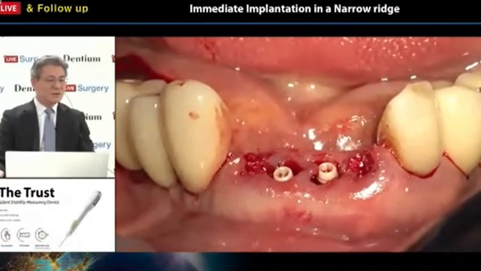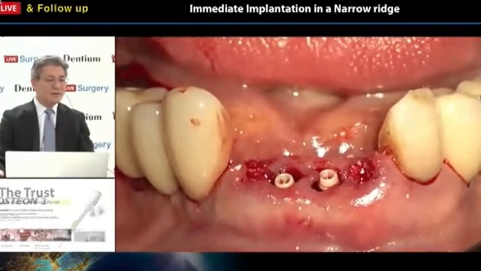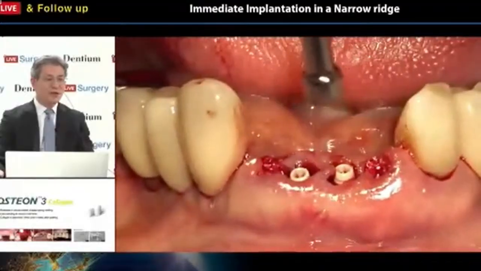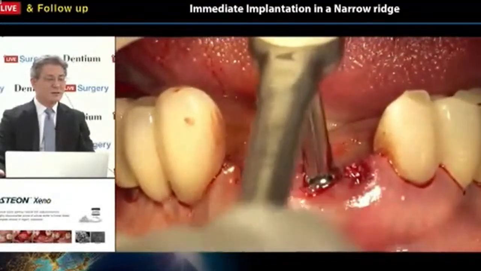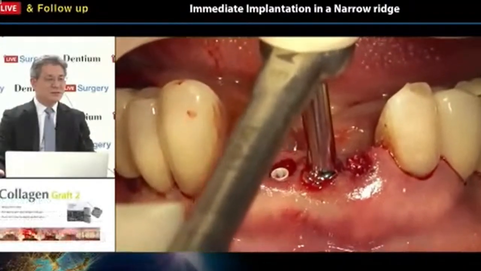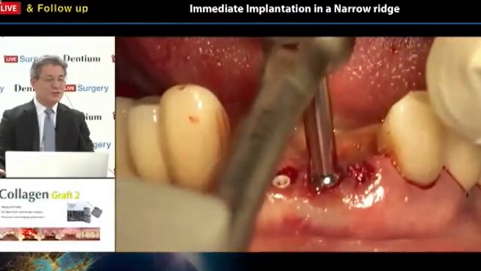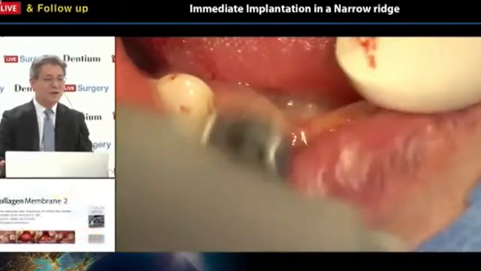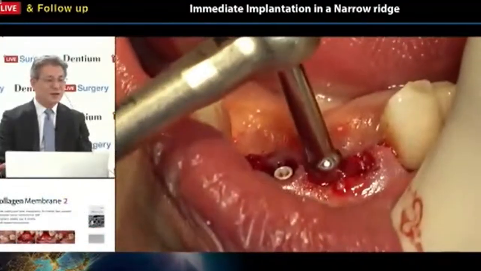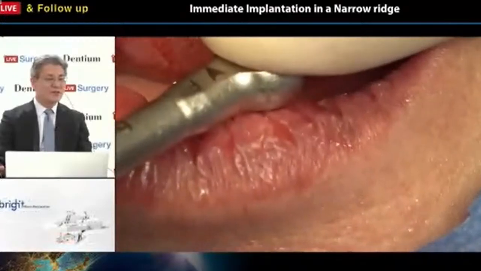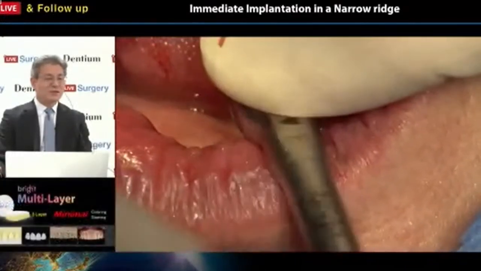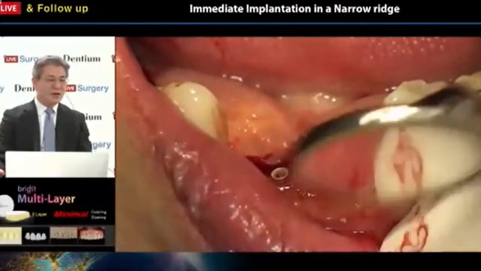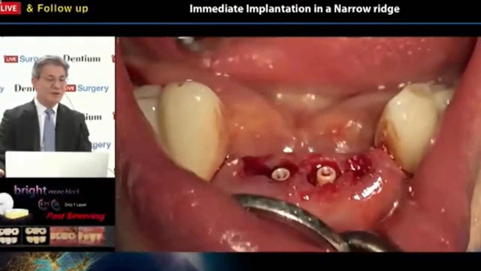So 41 and 31 are inserted and a 4-unit bridge will be applied, and that is okay. Because the lower anterior is almost a straight and shorter span, even with 4 missing teeth, an anterior cantilever-style prosthesis will be acceptable.